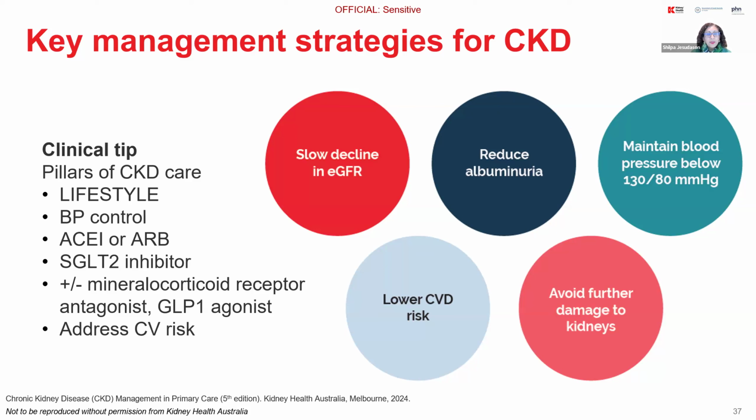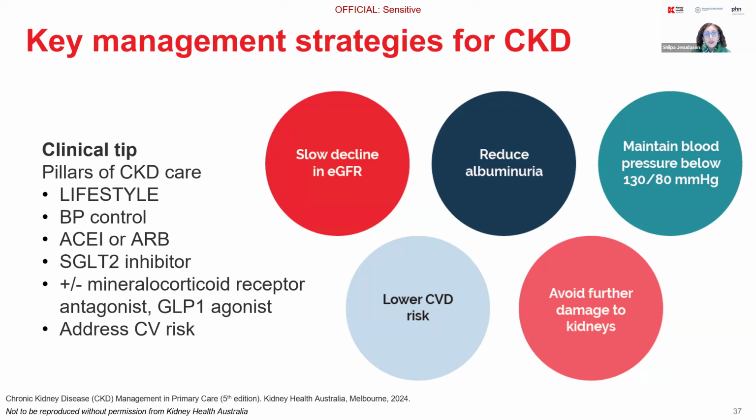The current pillars of chronic kidney disease care right now in 2024 are obviously all the lifestyle measures: smoking, nutrition, physical activity, etc. Blood pressure control to a target of less than 130/80. Renin-angiotensin blockade with ACE inhibitors or ARB, pushing them to the maximum tolerated dose.